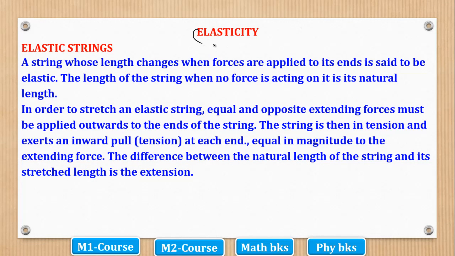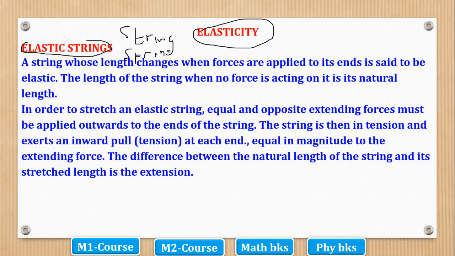So we shall start our topic of elasticity, and the first term to understand is elastic strings. This topic of elasticity is divided into two: we have what we call strings and also what we call springs.